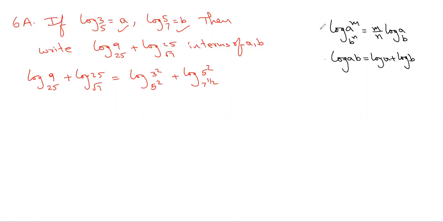Now if you use this first formula, the first one will be 2 by 2 into log 3 base 5. The second one will be 2 by 1 by 2, the log 5 base 7. So the 2 get cancelled and log 3 base 5 is already given as A. And 2 by 1 by 2 will be 4, and log 5 base 7 is already given as B, and that's what they need. Right?